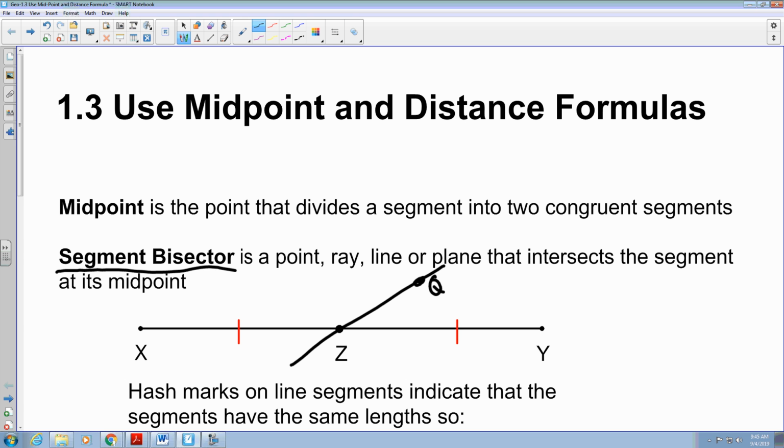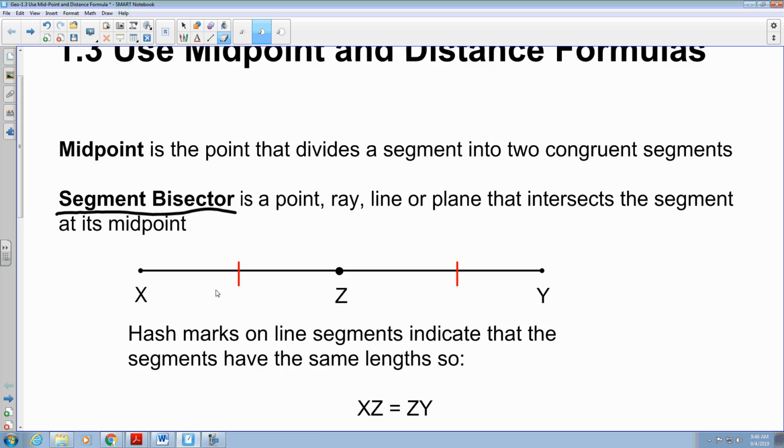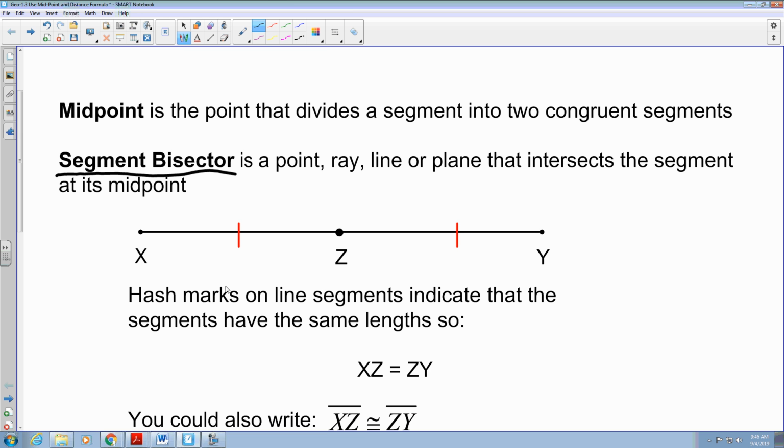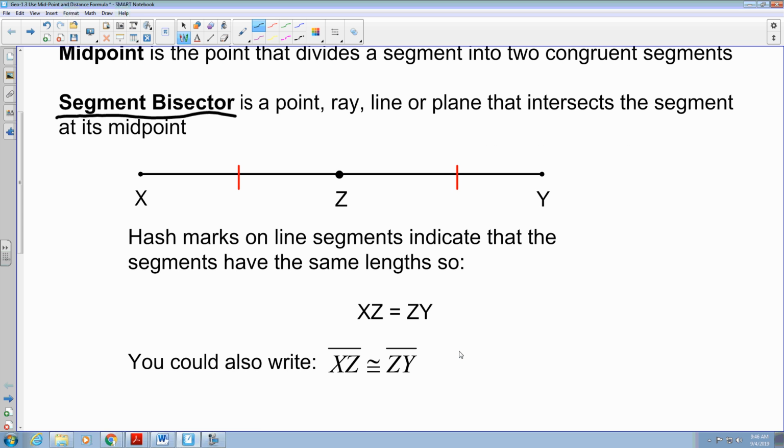Anytime we know that it bisected, by definition, that means that XZ and ZY would be congruent, which means that point Z is the midpoint. And here we have the hash marks representing that XZ is equal to ZY, which also means that even when they're equal, they're also congruent. So we can say that XZ is congruent to ZY.